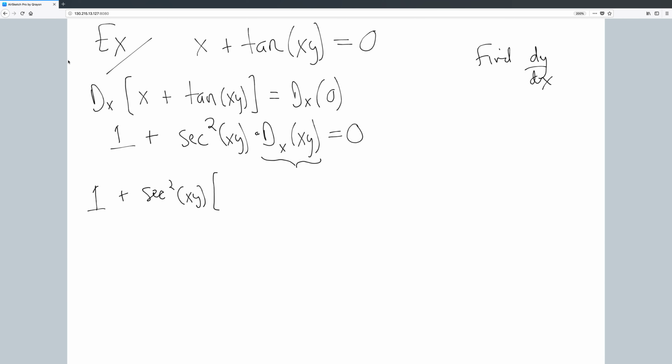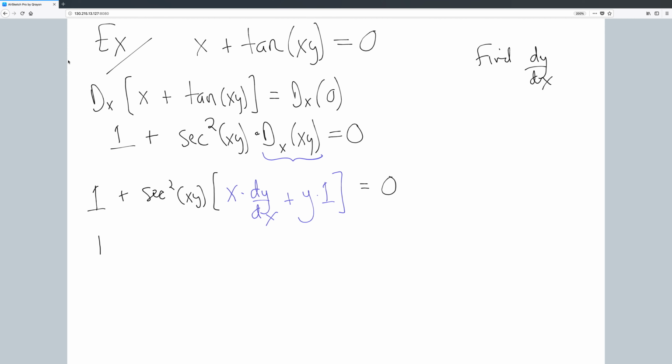So the product rule for this question, we have first times the derivative of the second, derivative of y in this case, dy dx, plus the second, y, times the derivative of the first with respect to x, and the derivative of x is just 1, equals 0.